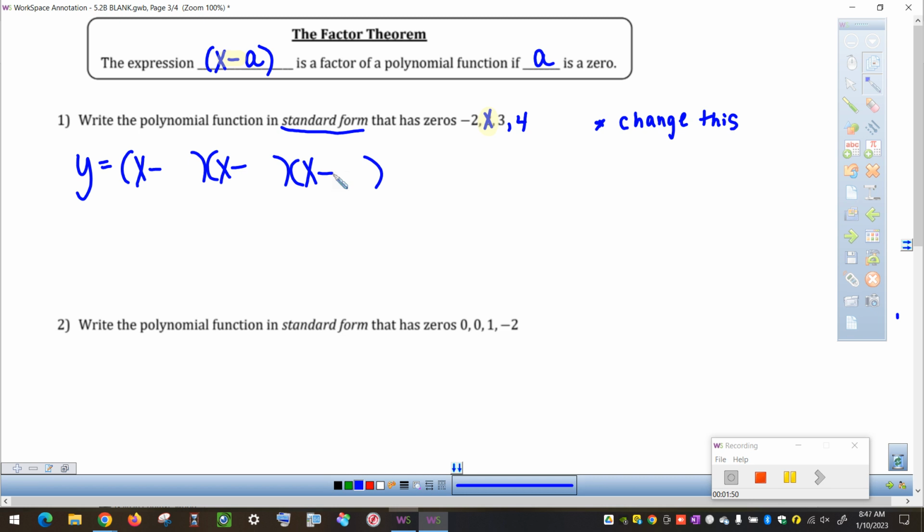Now what we're going to fill in behind the subtraction sign is the value of each of those 3 numbers that they gave us at the very beginning. Well, the first one was -2. Notice that when I plug that in here, I'm going to be subtracting a negative, so really, it's going to turn into plus. This is really the same thing as x plus 2.